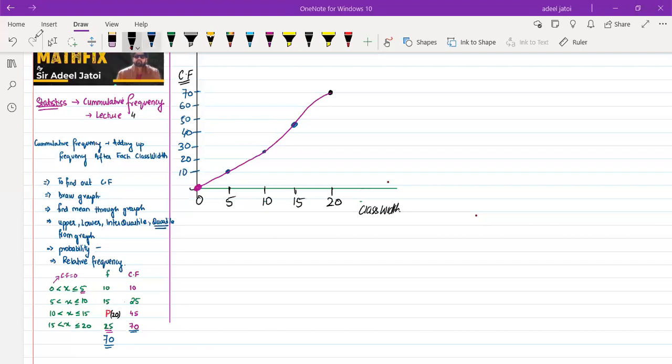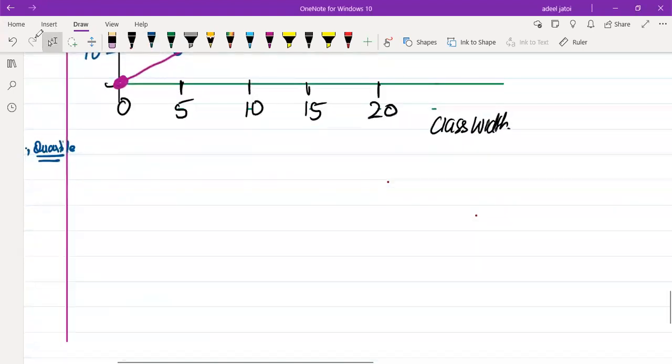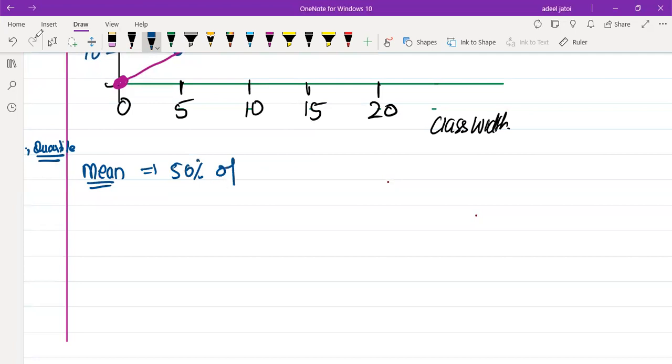mean. Now, what is mean? Mean is basically 50% of the total cumulative frequency.